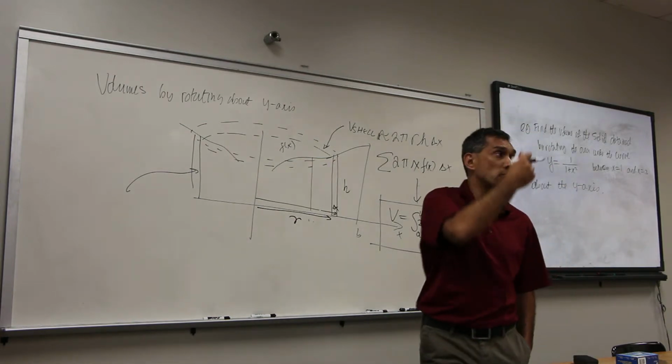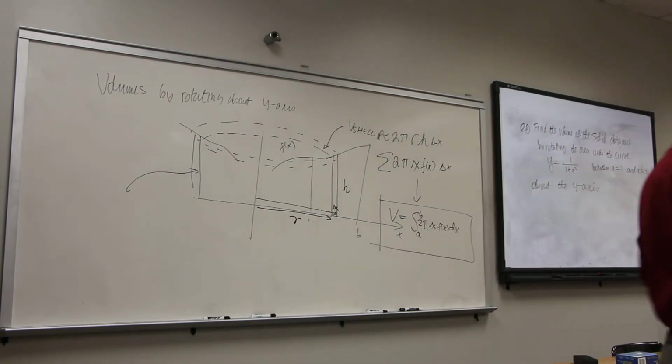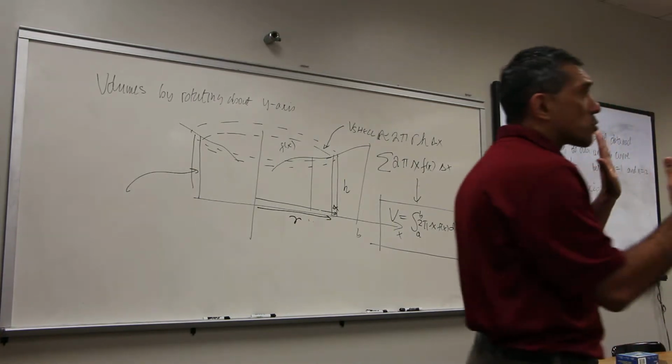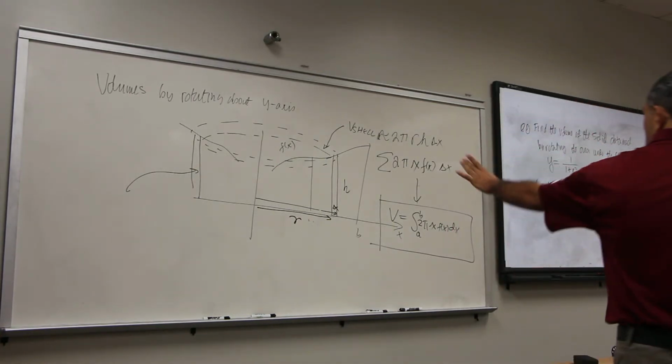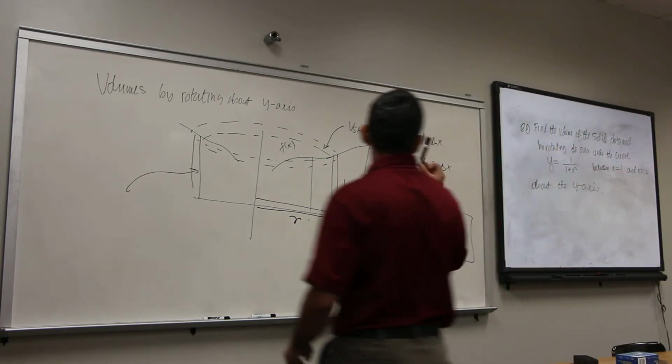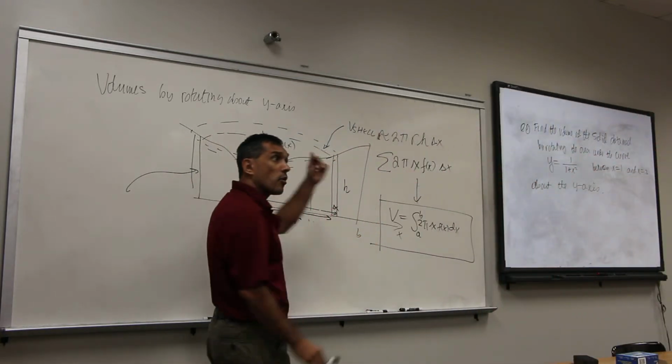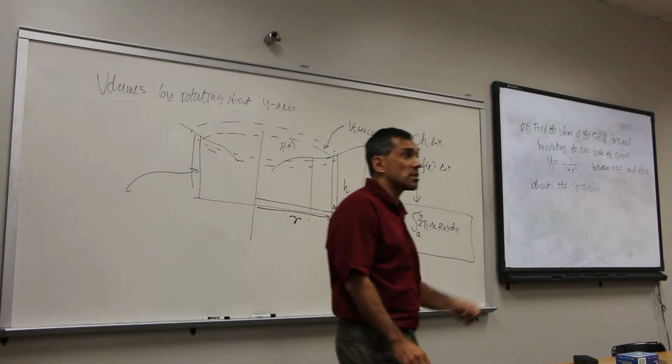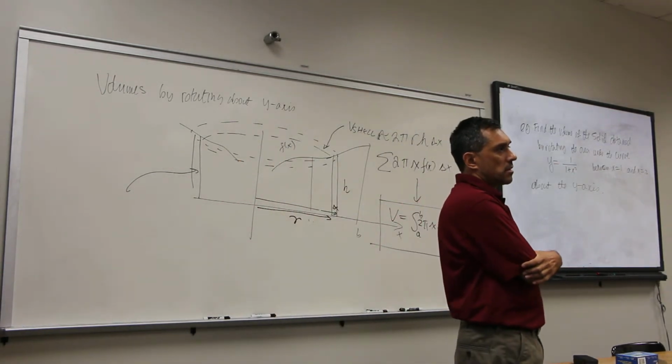The curve, 1 over 1 plus x squared. And I want to look at that curve between x equals 1 and x equals 3. I want to rotate that curve about the y-axis. Find the volume of the solid thus generated.